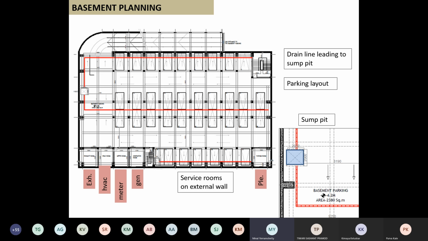So that is a sump pit. So there are two sump pits. One is on the extreme, one is near the staircase, and then that has to be sumped out. Okay, so there are two sump pits in this diagram. One I think is not colored.